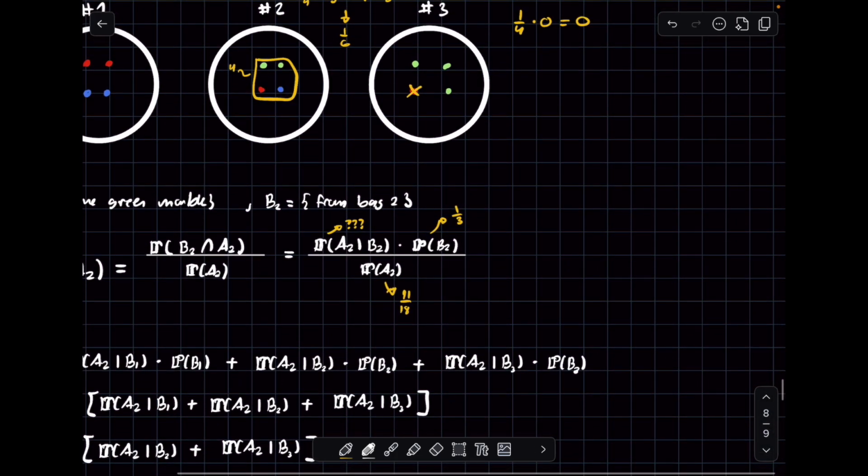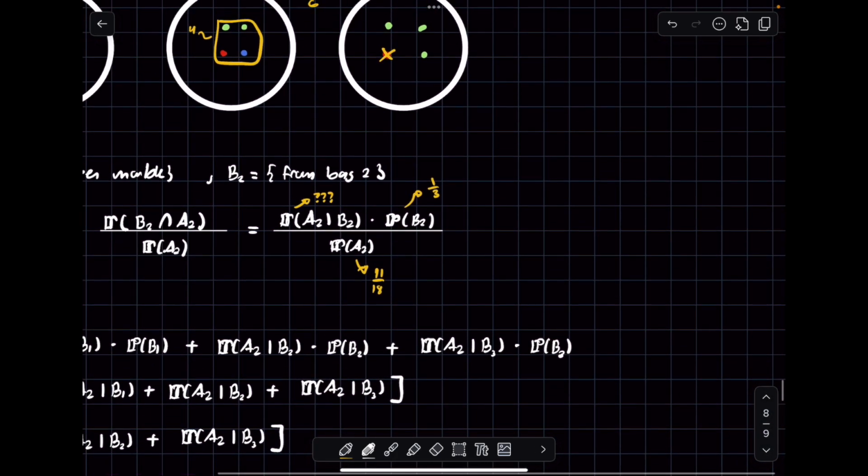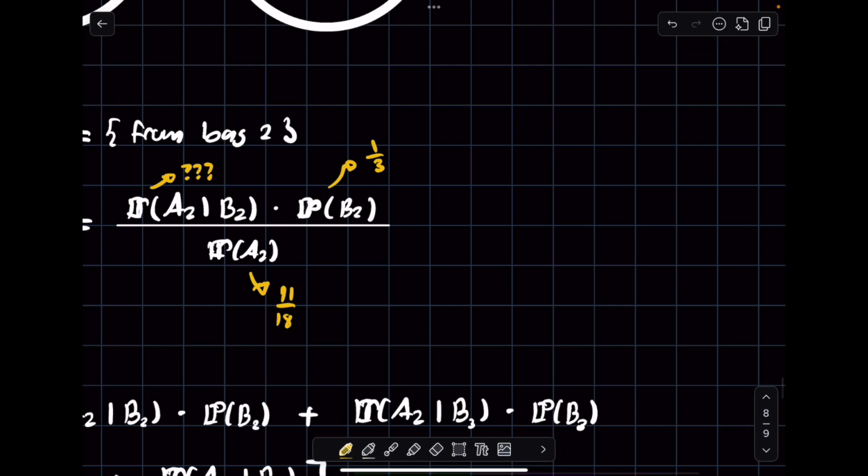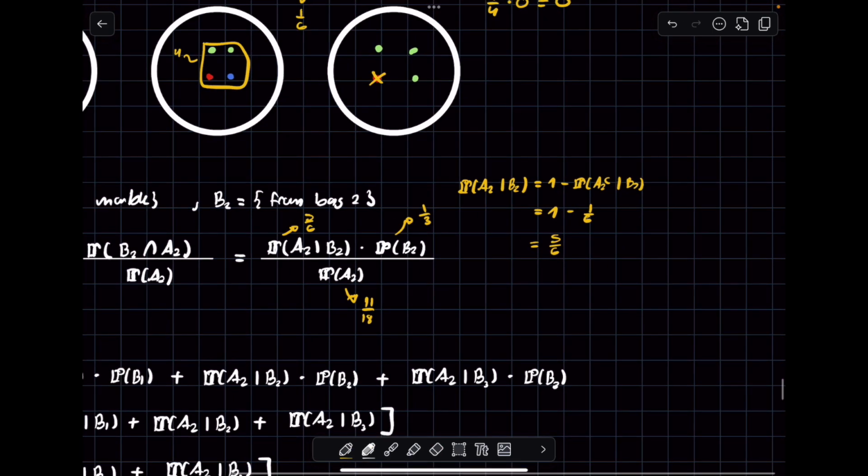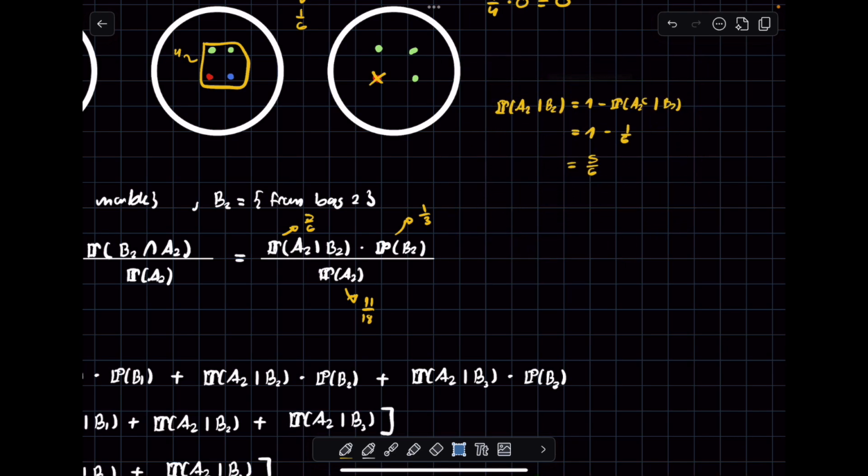So we simply say, hold on, PA2 B2 is equal to 1 minus PA2C B2. In this case, it'll be 1 minus 1/6, so it'll be 5/6. So at the end, we move out of the way.